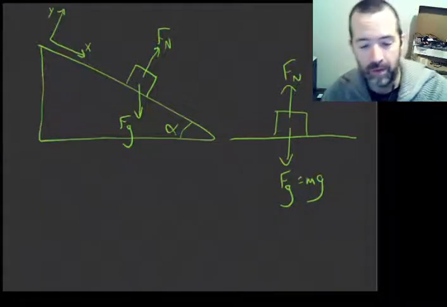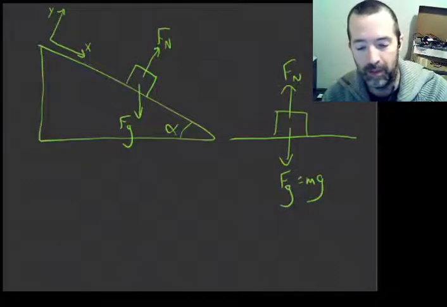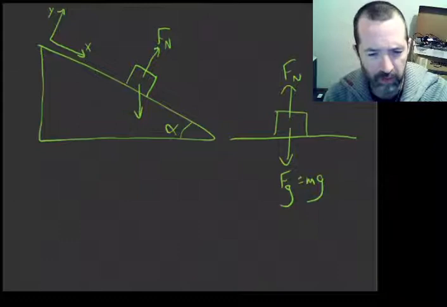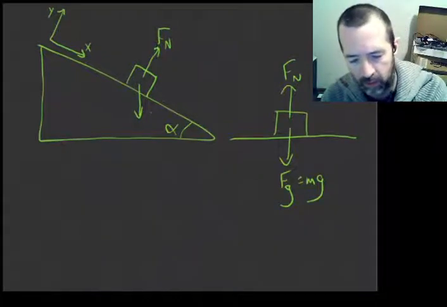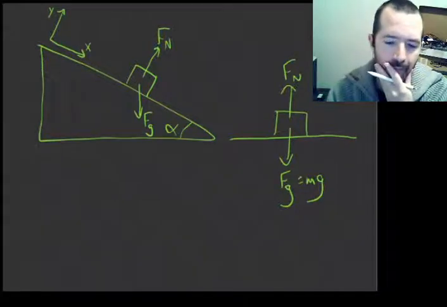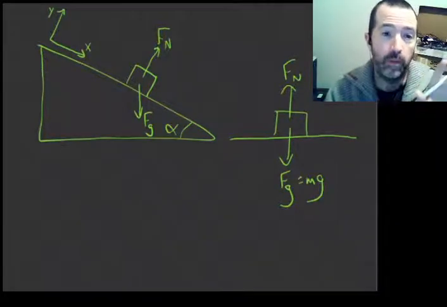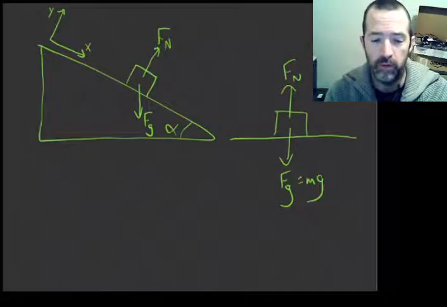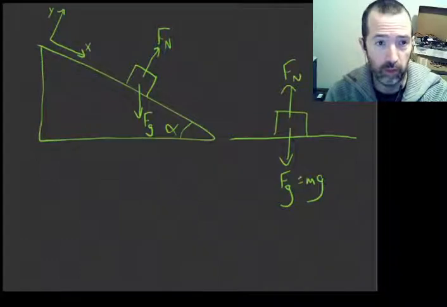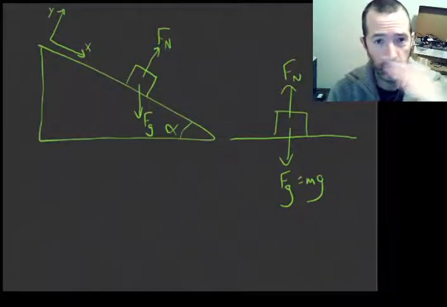So, thing to keep in mind here, I'm going to move my FG label out of the way because I need to put something else in that space. Given the reference frame I've drawn, like I said, the normal force points in the positive y direction because it goes up away from the ramp.